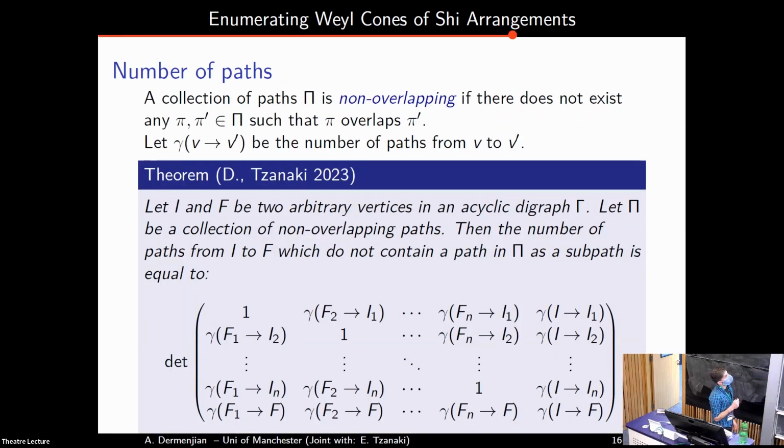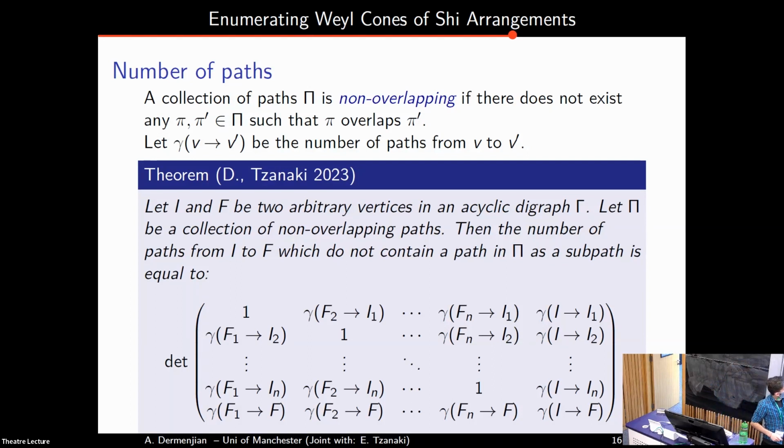And so what we can then do is count the number of paths using a determinantal formula. So we basically have that if you have a collection of non-overlapping paths, which means pairwise non-overlapping, no two overlap one another, then we just have this determinant formula for counting the number of paths.